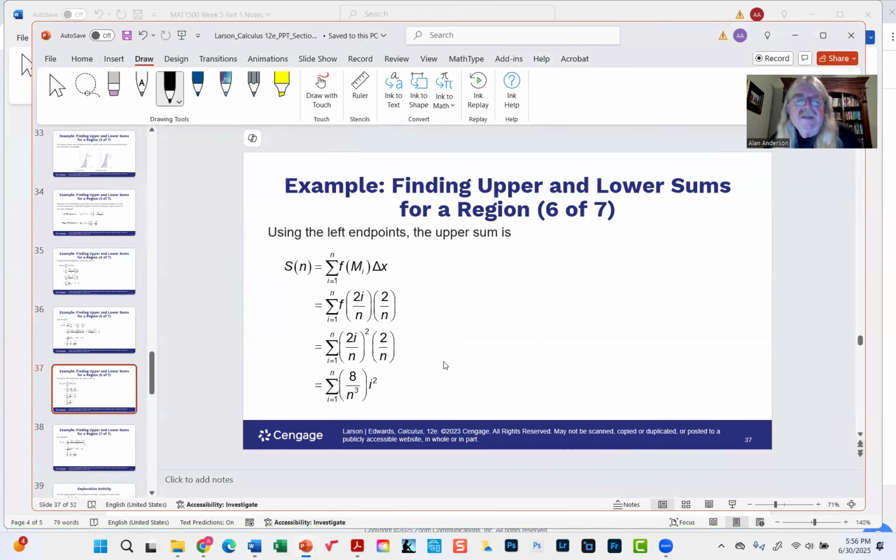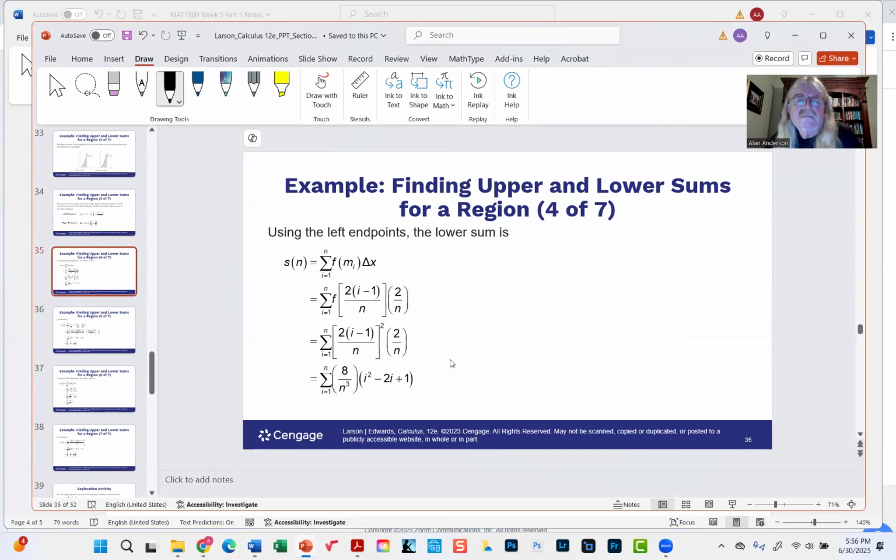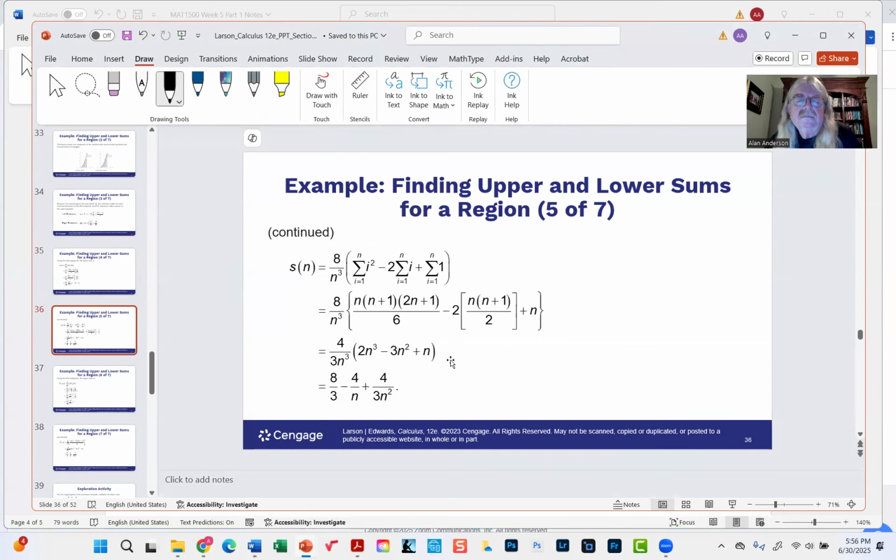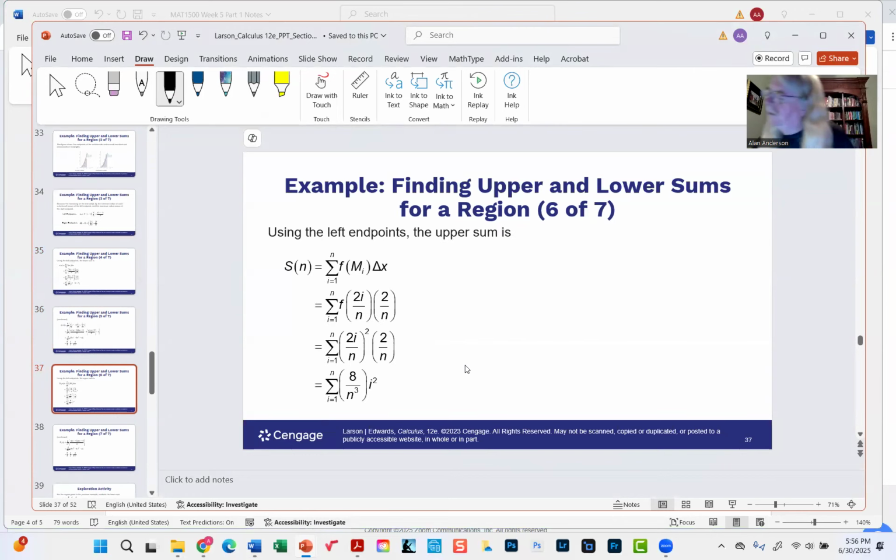And then doing the same thing for the upper sum. By the way, it looks like there's a typo here.